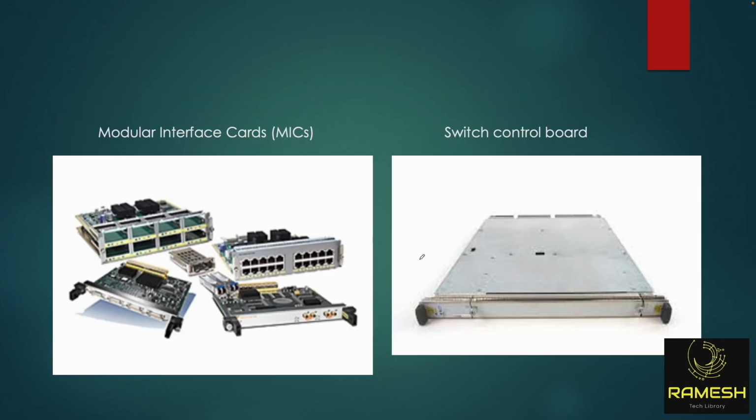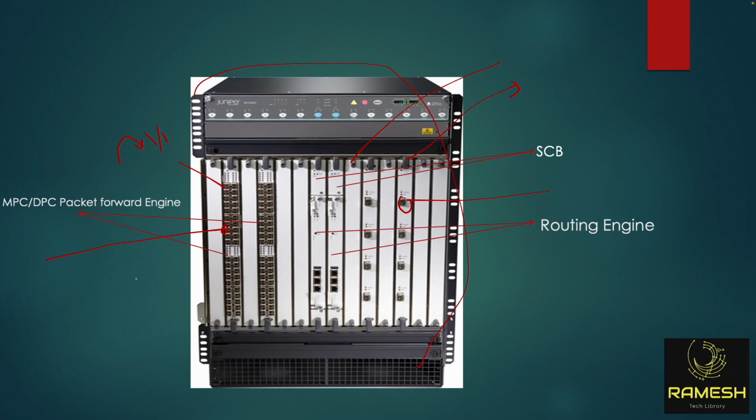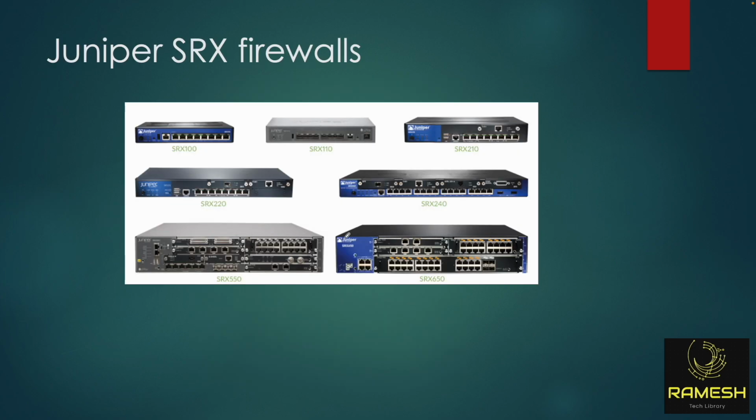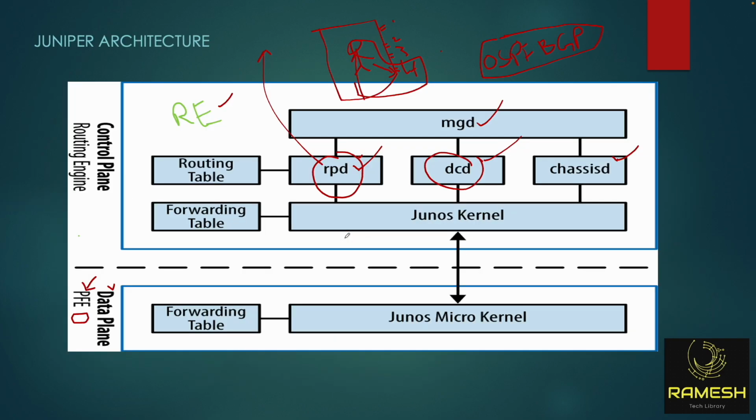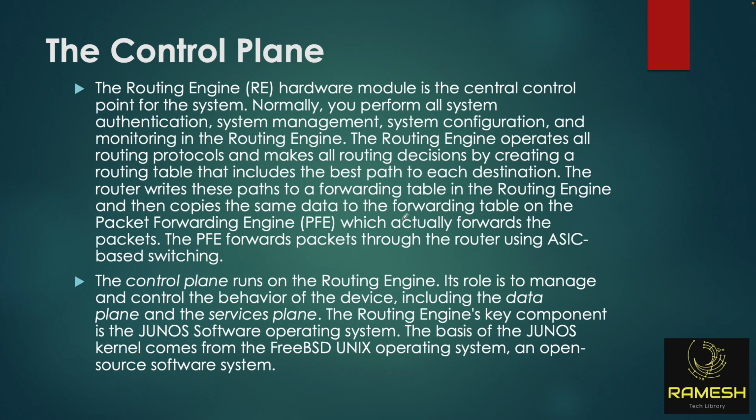Yeah, so this is the internal architecture. If you see, this is a routing engine. In this routing engine we have software, Junos software. In the Junos software you have all these processes. This is the architecture of Juniper. See, this is a control plane.